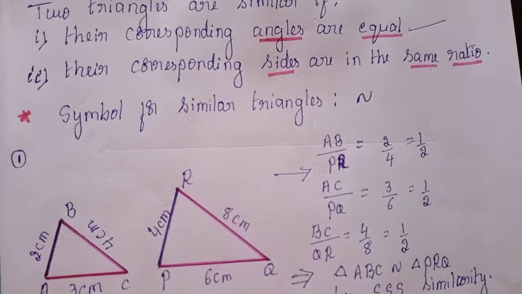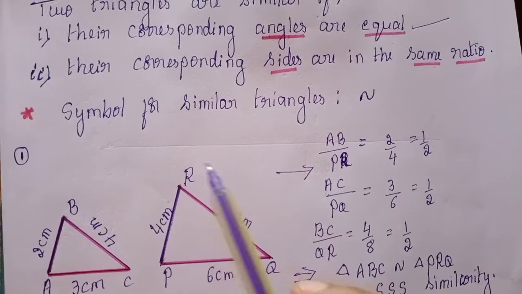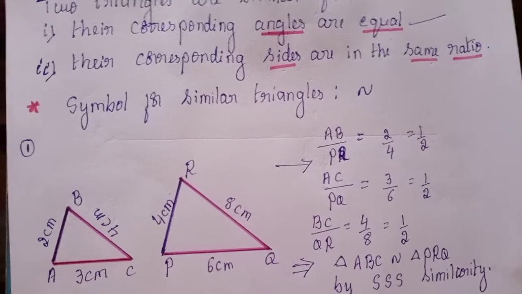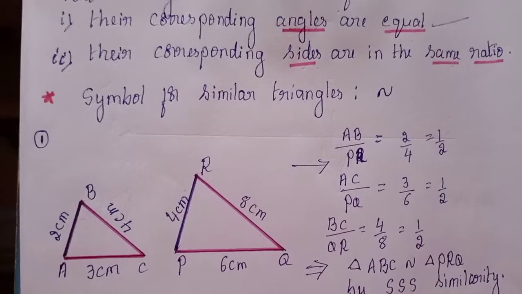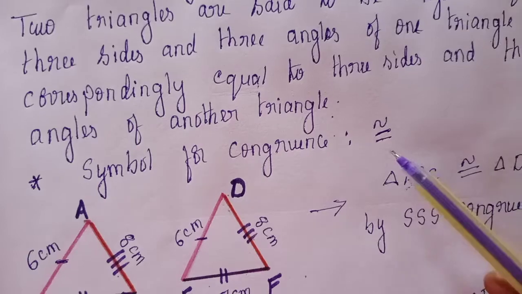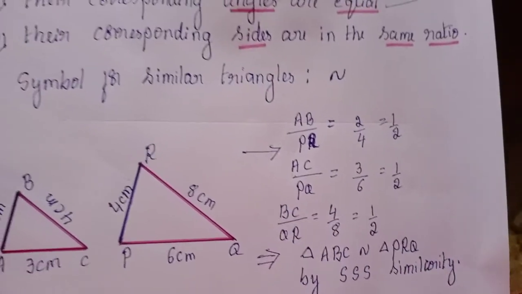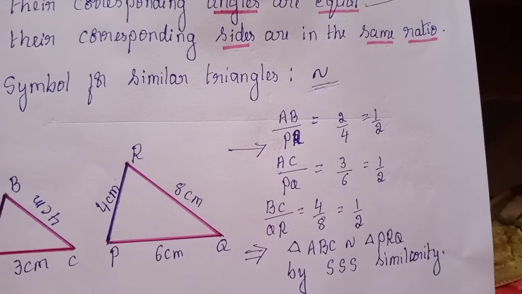Let us explain in detail what ratio is and the types of similar triangles with an example. Now, as you observed here, this is the symbol used for congruency, and this is the symbol used for similar triangles.